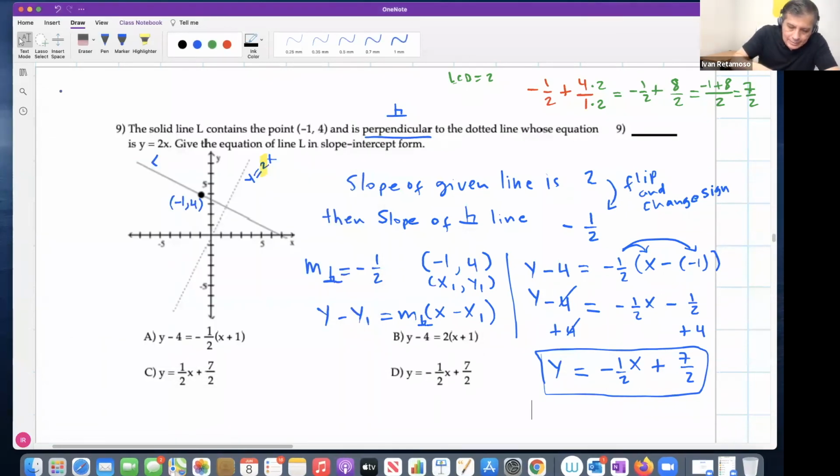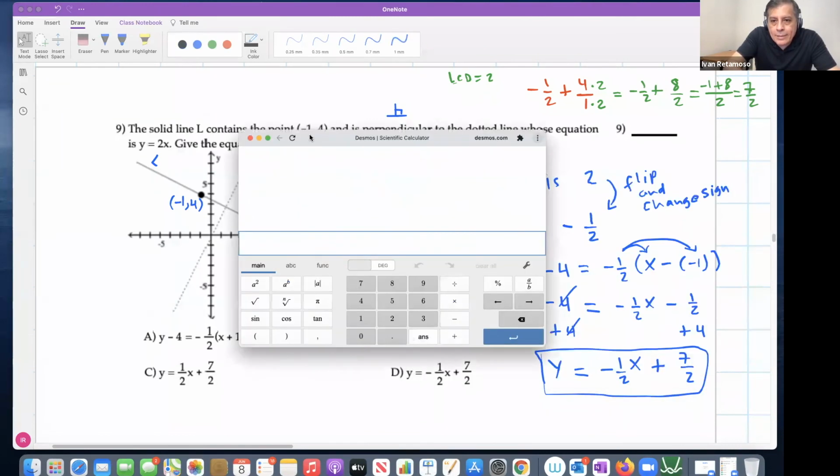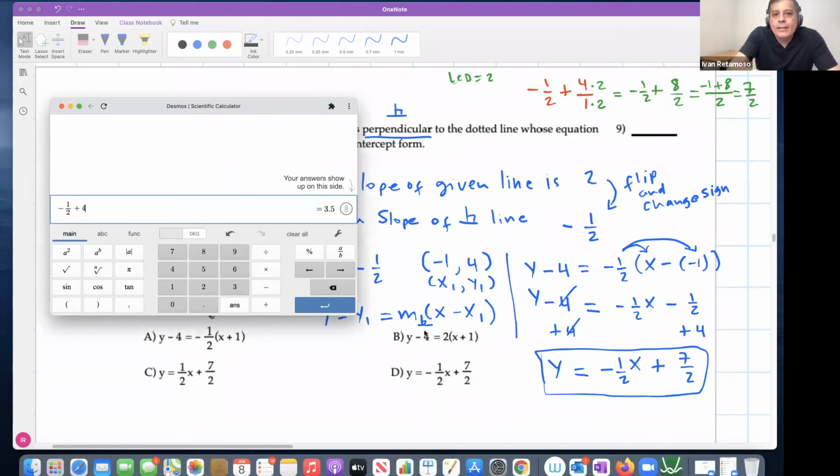Let me bring the decimal scientific calculator, which is this. There, you can do minus 1/2 plus 4. It gives you the decimal representation first, but then if you click on this circle, convert to fraction, it will give you the 7/2.